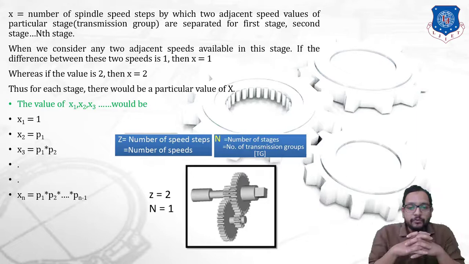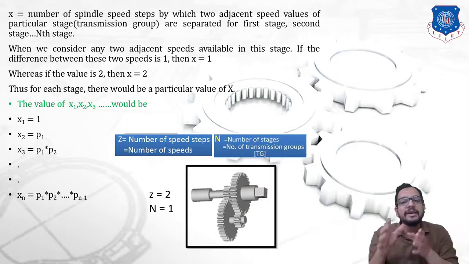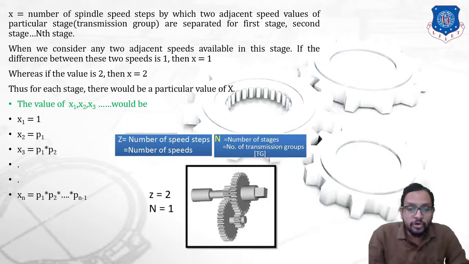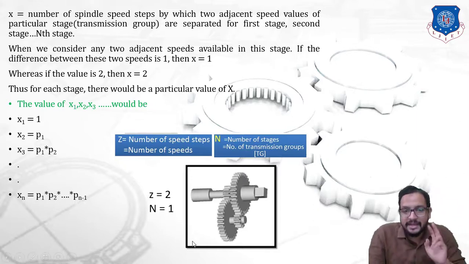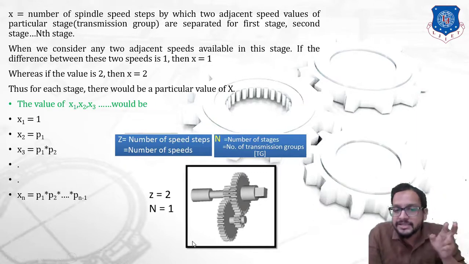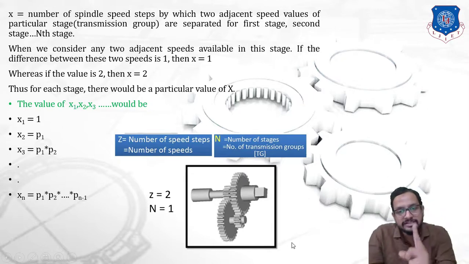Now for example, you can see on your screen I have written Z indicates the number of speed steps available and capital N indicates the number of stages. If I ask how many stages are there in a particular diagram, and second, how many speed steps are available, you would say that there are two shafts, which means there would be one stage.